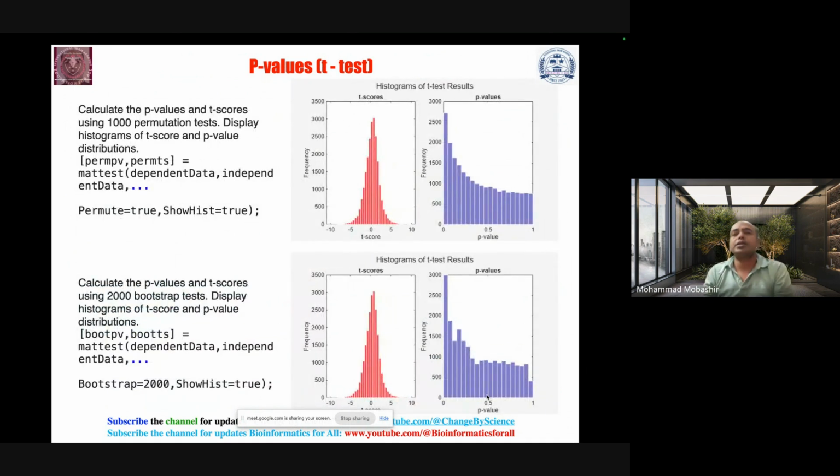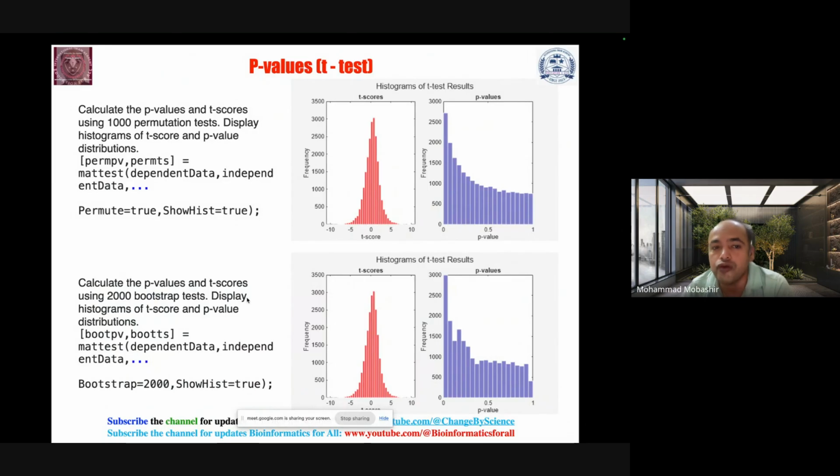Now you can see more plots, in terms of histograms of the t-test results. For this purpose, you can write different codes, commands or functions. You can also use the permutation concept. If you write this command to calculate the p-values and t-scores using 1000 permutation tests, it will display histograms of the t-score and p-value distributions, which is here.